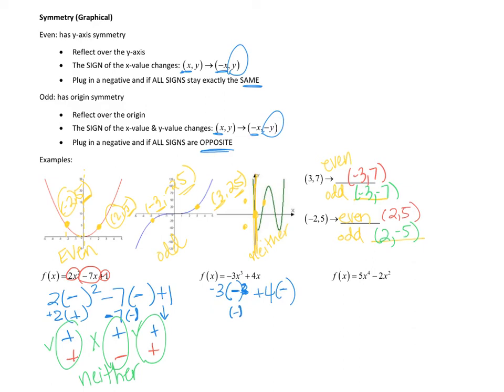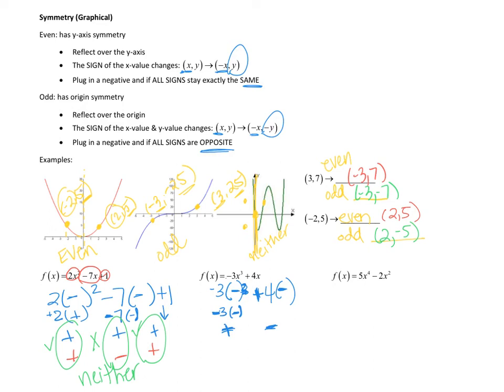Doesn't matter what number. And then I take a negative and I multiply by this negative, I end up with a positive. Now we have a positive 4 getting multiplied by a negative, I end up with a negative. So my pattern is positive, negative.